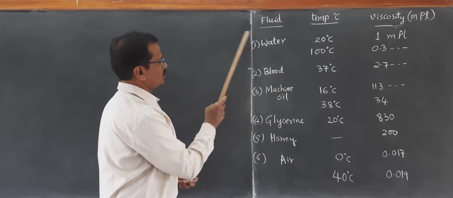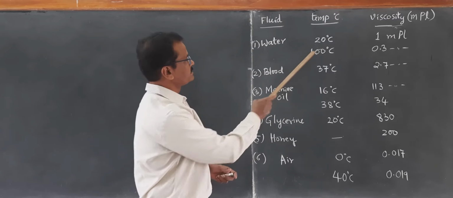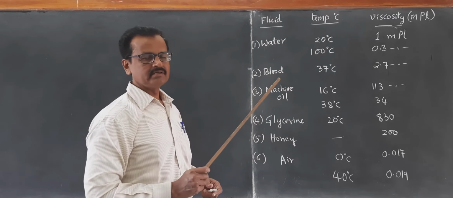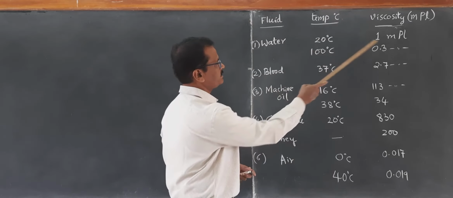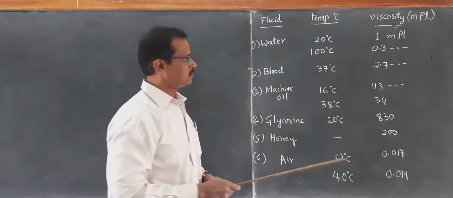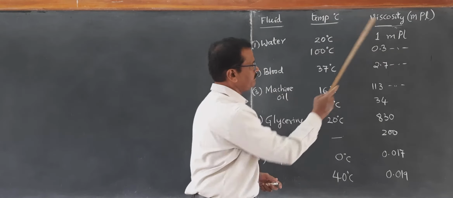First, water at 20 degrees Celsius has 1 millipoiseuille. It's very interesting: water at 20 degrees Celsius has 1 millipoiseuille, whereas at 100 degrees Celsius, boiling water, it has only 0.3 millipoiseuille.